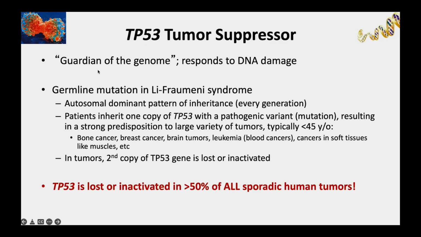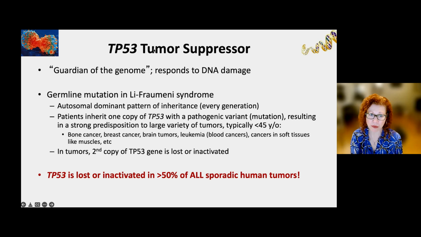TP53 is often called the guardian of the genome, and that's because it plays a major role in maintaining the integrity of our genome. So its major role is to respond to DNA damage and help signal the pathways to repair that damage. If this gene is lost or inactivated, it is a major player in moving forward the tumor progression pathway.